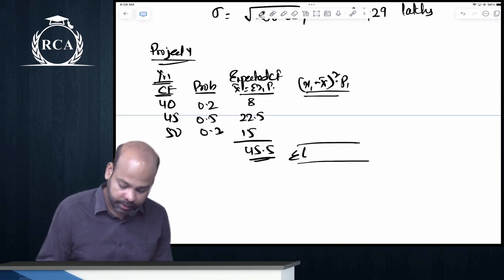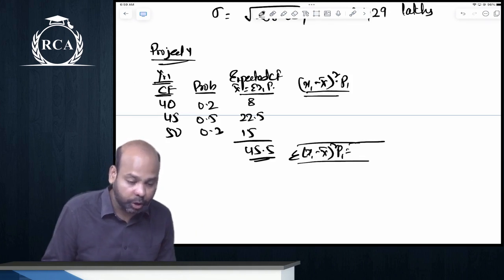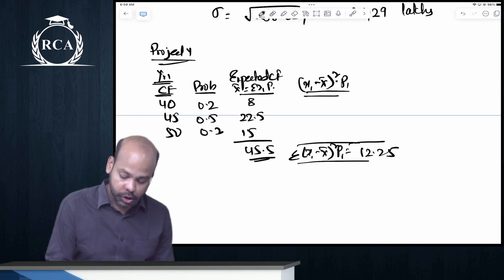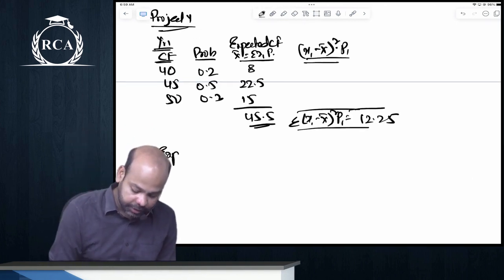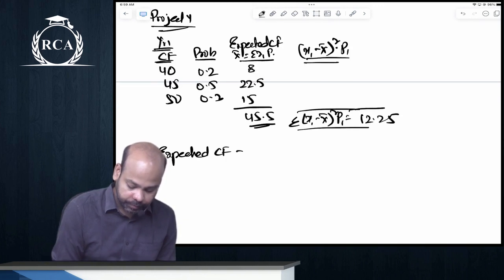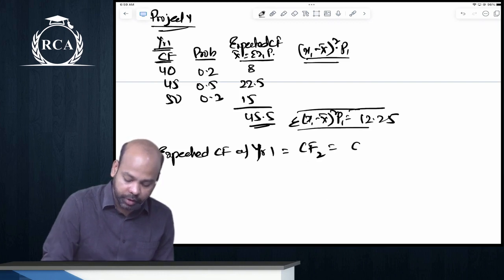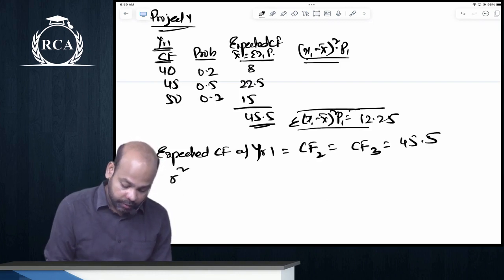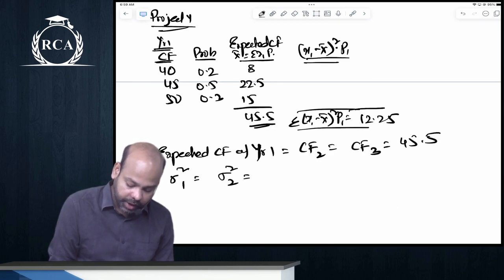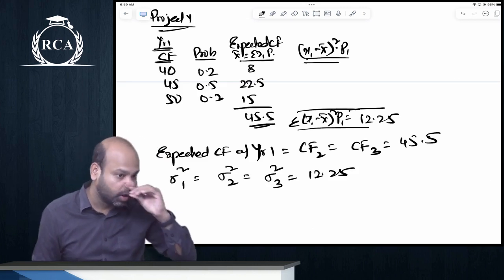Total, tell directly. Only 12.25. Now, guys, expected cash flow of year 1 will be equal to cash flow of year 2 and year 3, that is 45.5. Variance of year 1 will be equal to variance of year 2 and year 3, which is 12.25. You do not have to recompute every year.